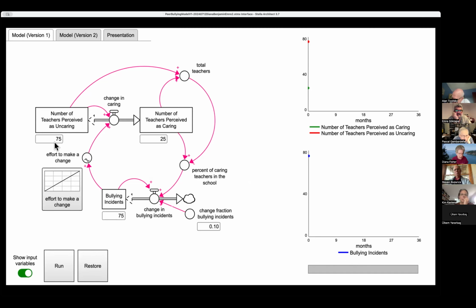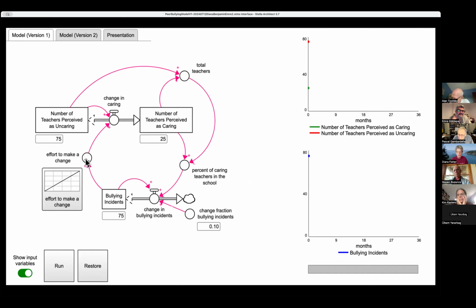And Emre, who does this marvelous interface, we're starting out with 75 bullying incidents, and there are more uncaring teachers than caring teachers. And the change fraction for changing bullying incidents is 10%. And this graphical converter here is the simplest possible.